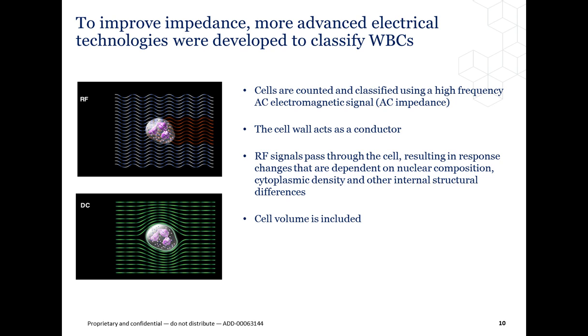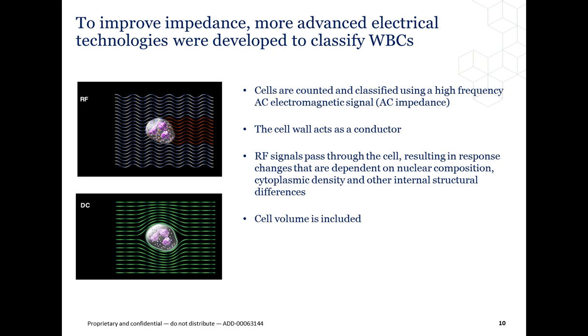Another key patent issued around 1970 was the discovery of a high-frequency signal using alternating current, which was defined as radio frequency, opacity, or conductivity. A high-frequency alternating current signal could demonstrate different properties of the WBC subpopulation.